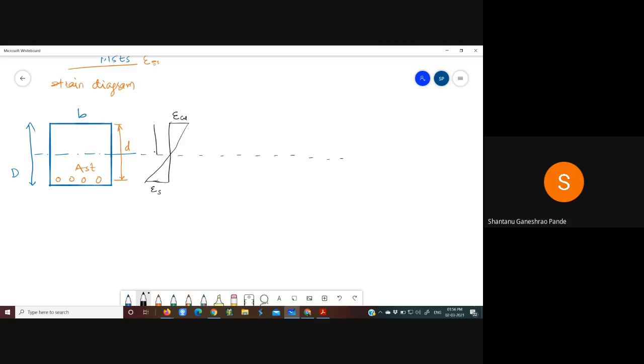And this is the depth of neutral axis denoted by xu. So this is the strain diagram. And now I will draw the stress diagram.